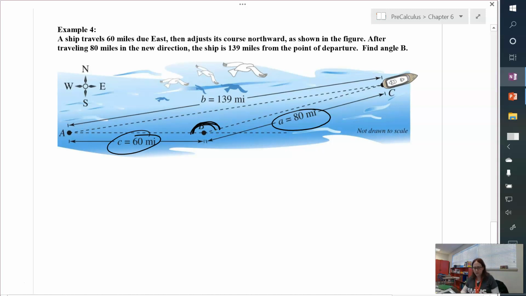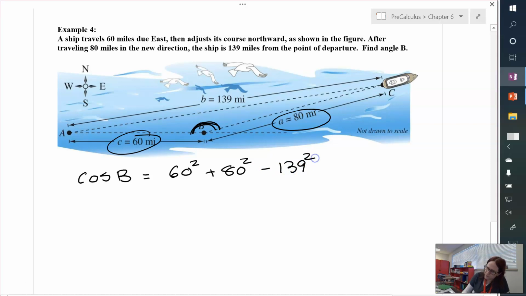So just grab your law of cosines, and we know that cosine of B equals, take those other two sides, the 60 and the 80. 60 squared plus 80 squared. Now subtract the side that matches up, 139 squared, all over 2 times 60 times 80.